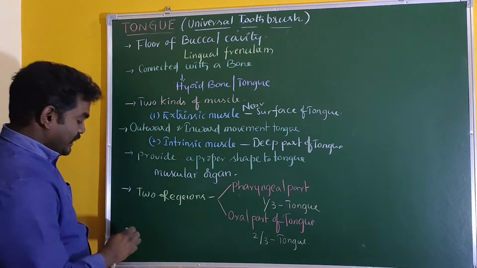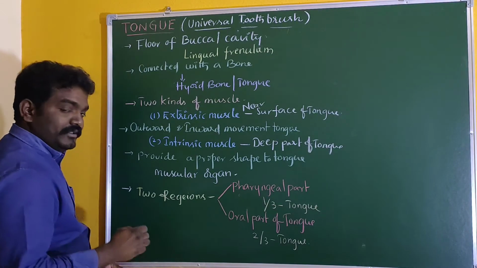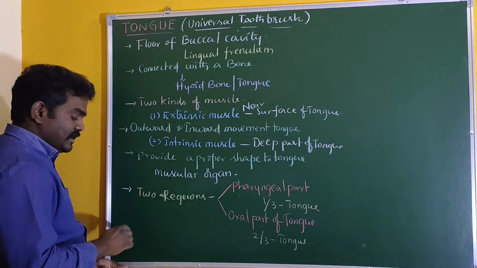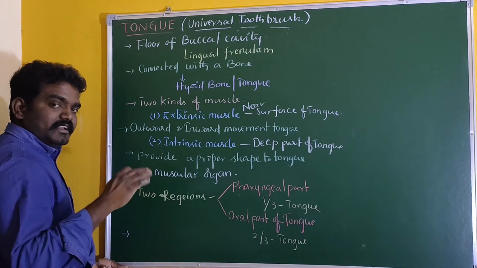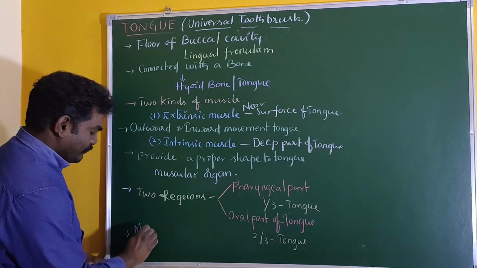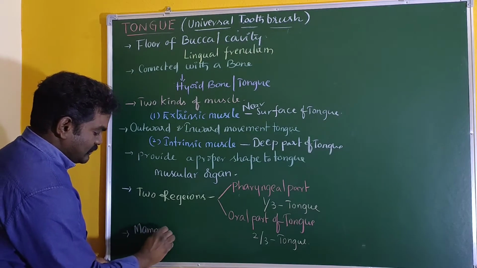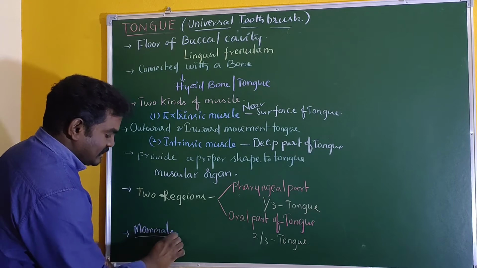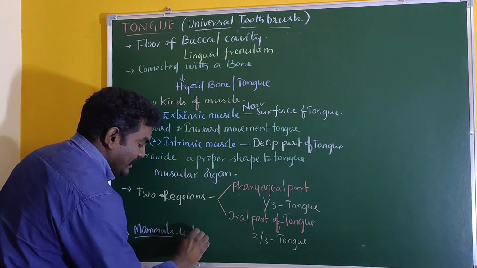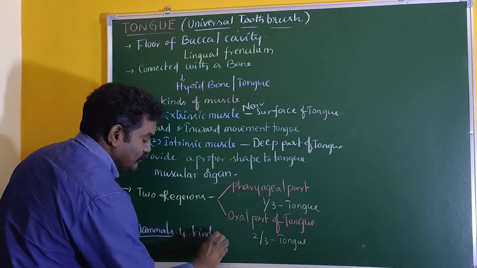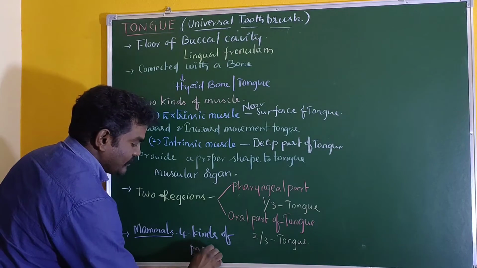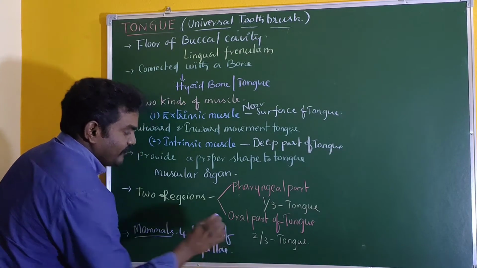Next, the tongue has papillae on its surface. Mammals bear 4 kinds of papillae on the surface of the tongue.